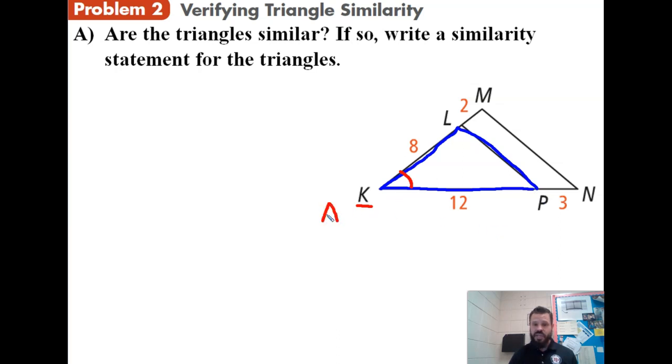So what I have here are the angles and sides. What I need to see is if those sides are proportional. If they are, I can say that yes, these triangles are similar by SAS similarity. Let's go ahead and look at those sides. For the smaller triangle we can look at KL over KM.